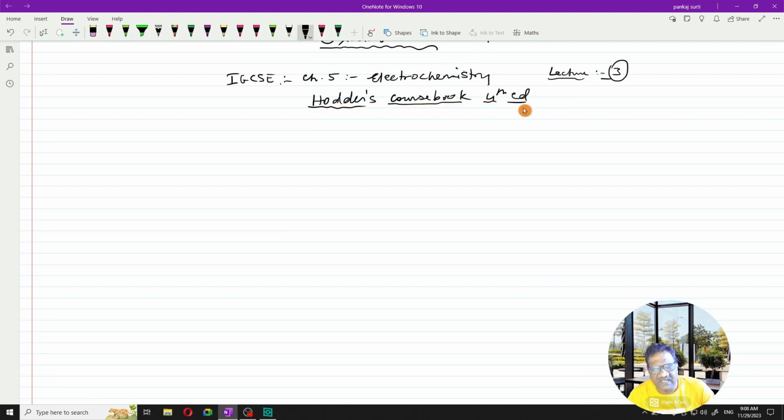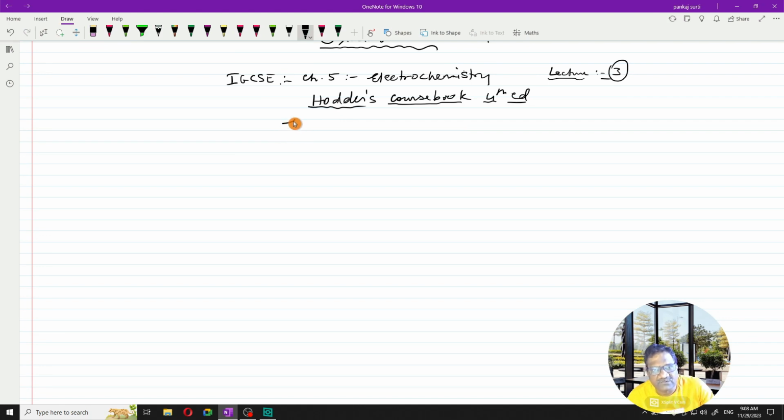On page number 71, there's one worked example, and let me read it out. It says: predict the product of the electrolysis of molten magnesium fluoride.